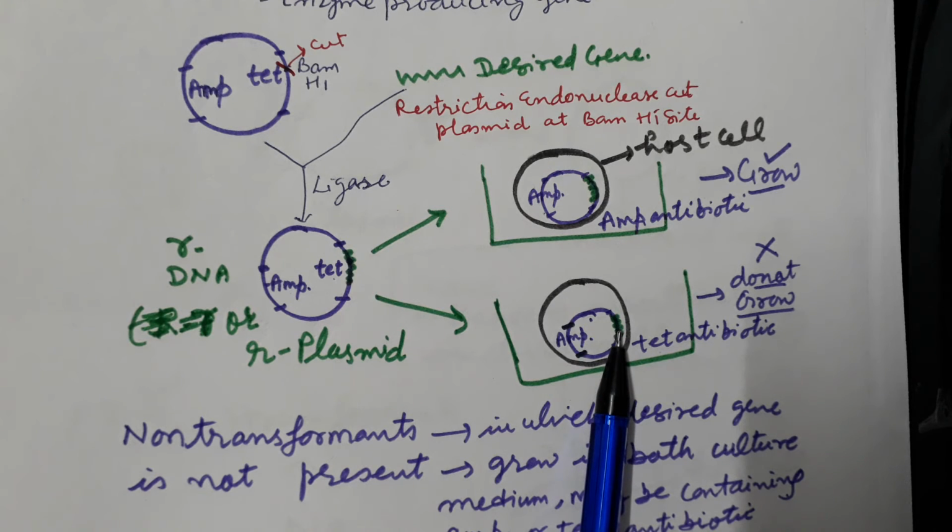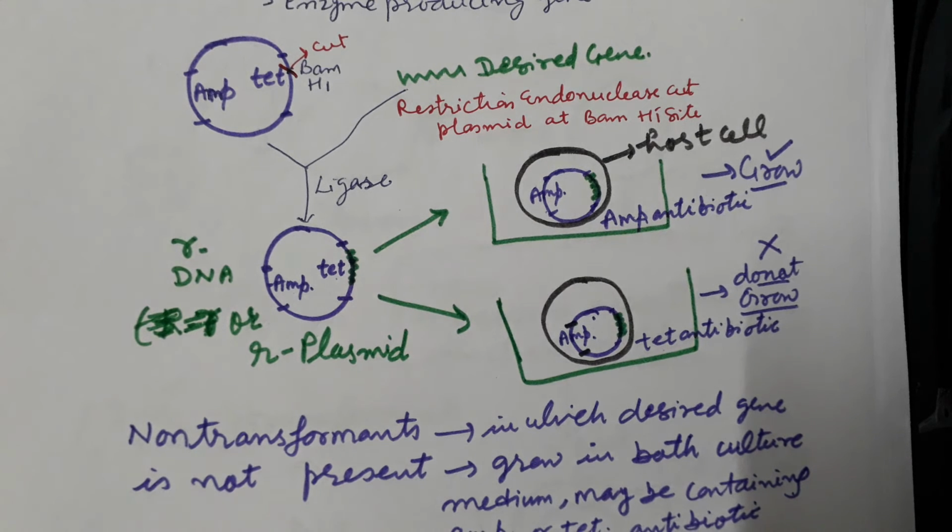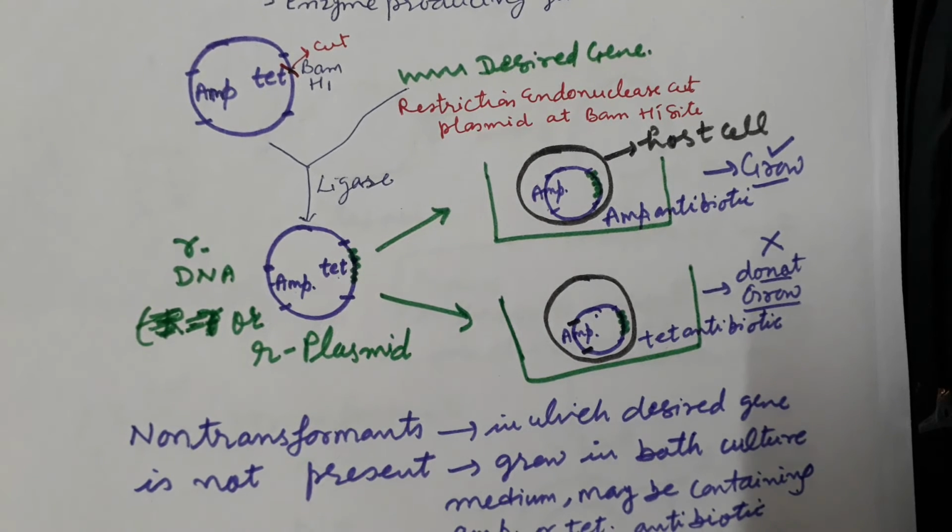Thus it helps in selection of the transformant in which the desired gene is present. So the antibiotic resistance gene is the marker gene which helps in the selection of transformant.